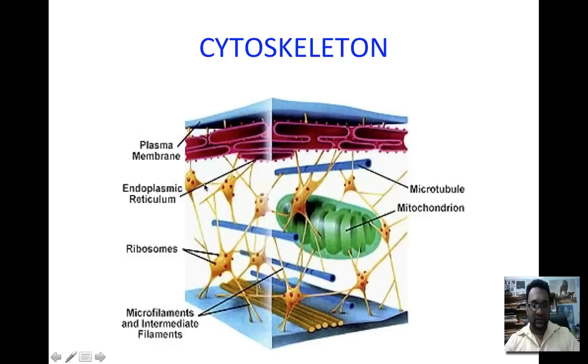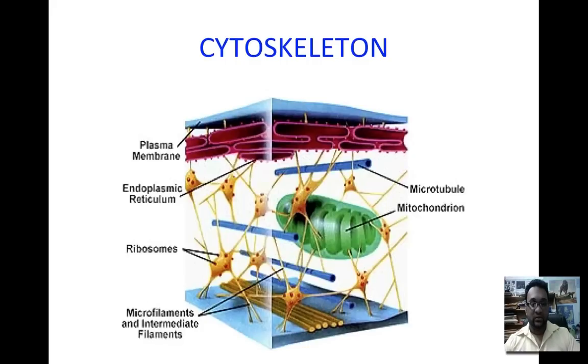The cytoskeleton is made up of several tubules. We have the microtubules, microfilaments, and intermediate filaments. And as I said before, they are what some people describe as the scaffolding of the cell. Right? It's all throughout. Well, this is only for the eukaryotic cells. That is, it's all throughout the eukaryotic cell, and it gives that cell its characteristic shape.